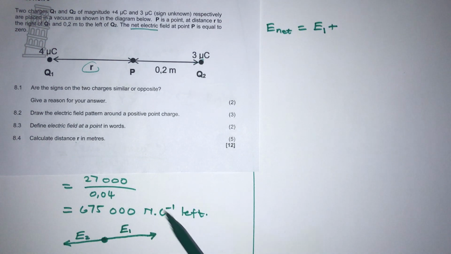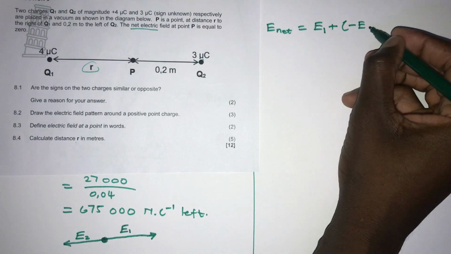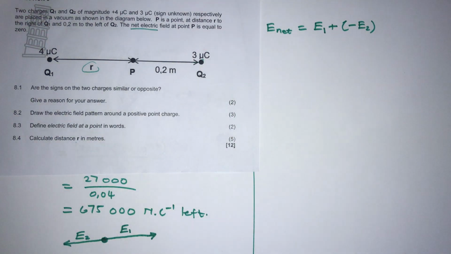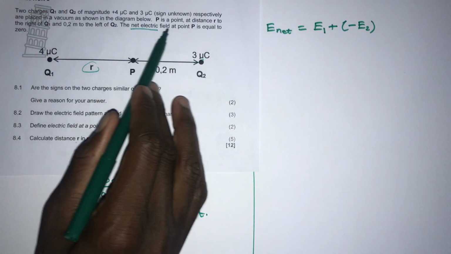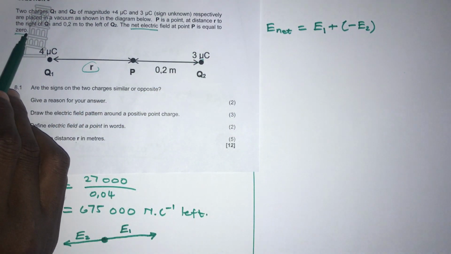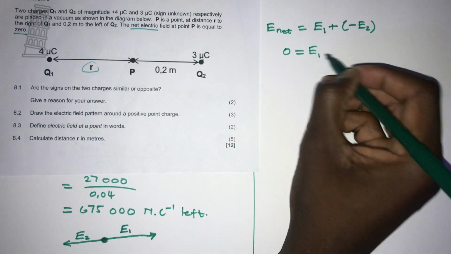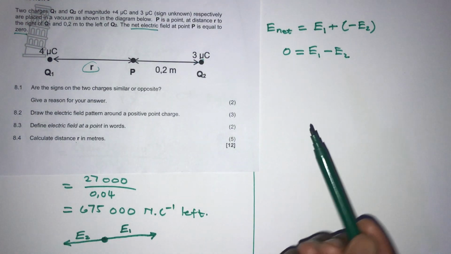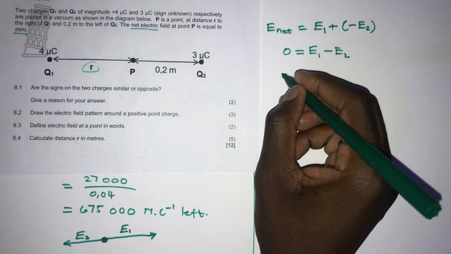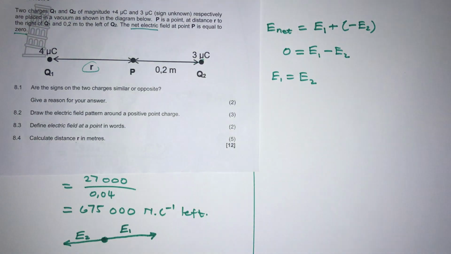So if we choose right as positive, the other one is going to be negative. So negative E2. Now the E net, they said the net electric field at point P is 0. So here we have 0 equals E1 minus E2. To simplify life, let's take E2 to the other side. It means that now we're going to have E1 equals E2.